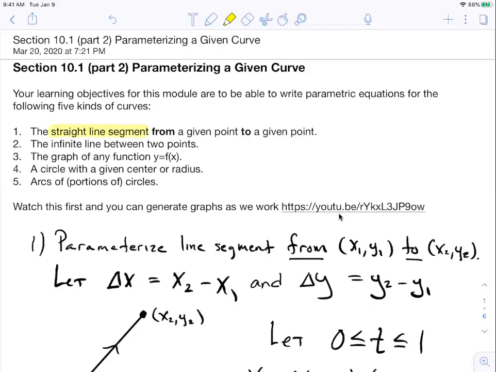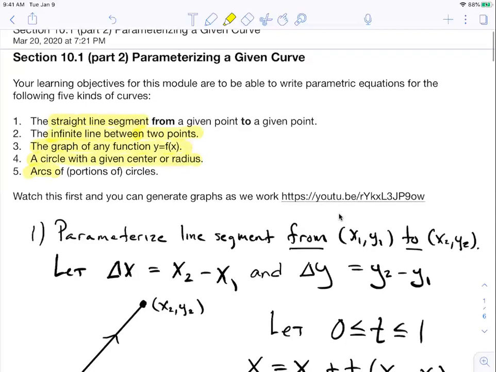And in fact, the entire line is another thing I would like to be able to parameterize. Graphs of functions, y as a function of x, maybe even x as a function of y, are very easy to parameterize. And then circles. The fourth and fifth things are really the same. I want to be able to parameterize any circle, any center, any radius, or a piece of it, an arc of the circle. All right, so that's what we're going to try to accomplish in this lecture.